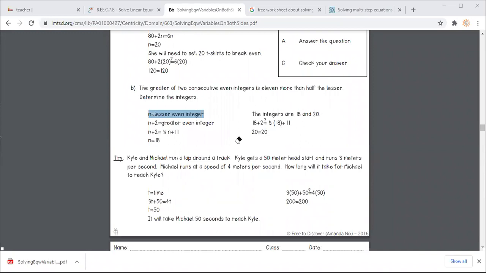If I want to check, following the last step in our 5-step method, on the left hand side it will be 18 plus 2, equal 20, and on the right hand side we have half times 18 plus 11, which also equals 20.